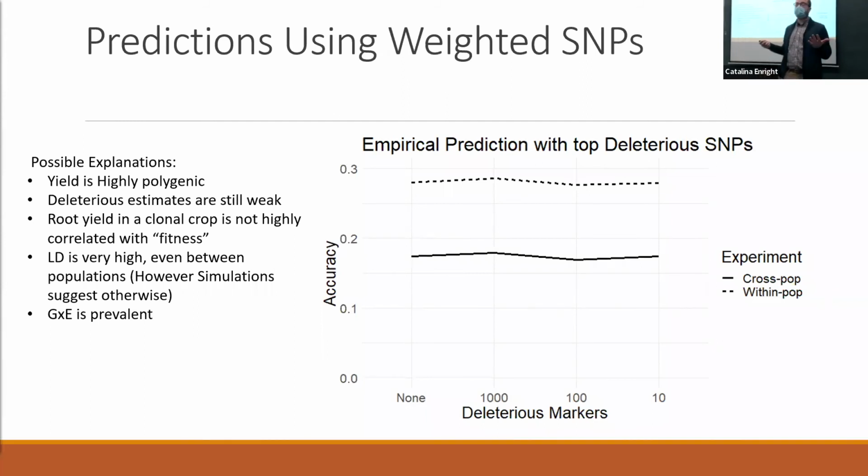It could be that root yield in a clonal crop is not the same as grain yield in an outcrossing crop, and it may not be related as much to fitness as that might be. Or it could be LD still there, or there's just G by E, which could be this big drop. And so there's a couple possible problems, but there are a lot of avenues still to go through, so it's not like I'm discouraged quite yet.